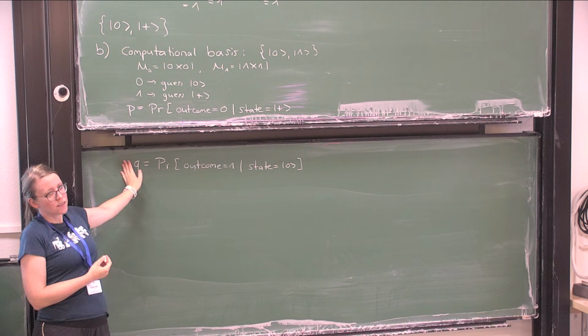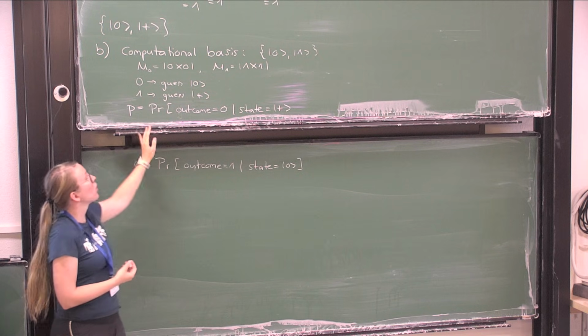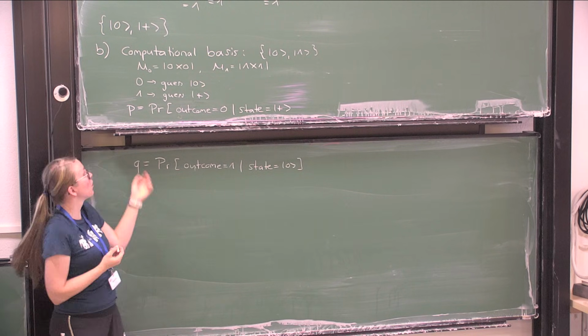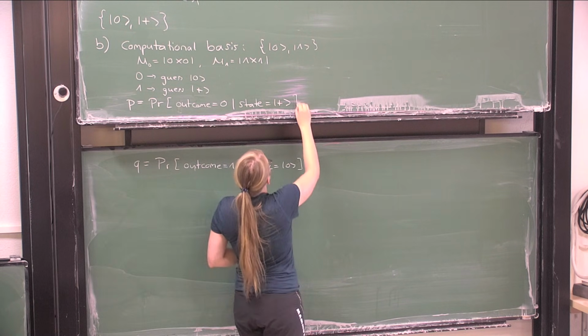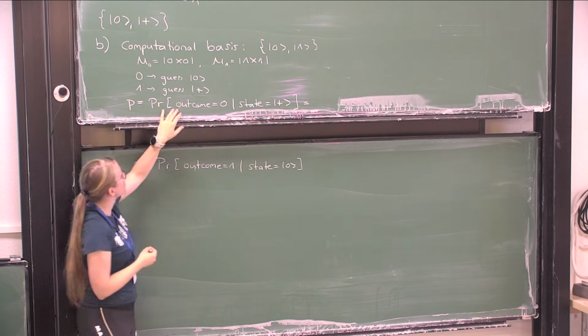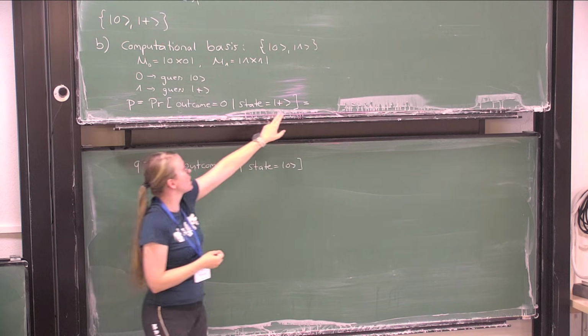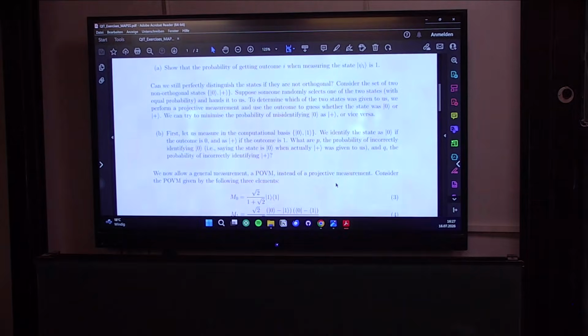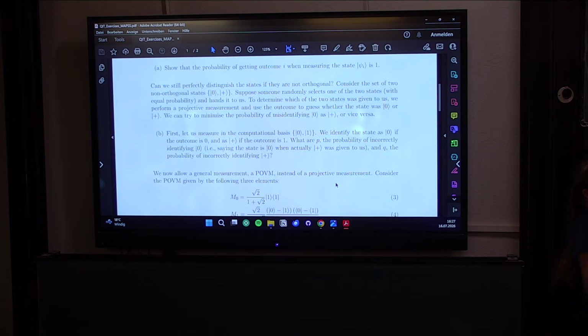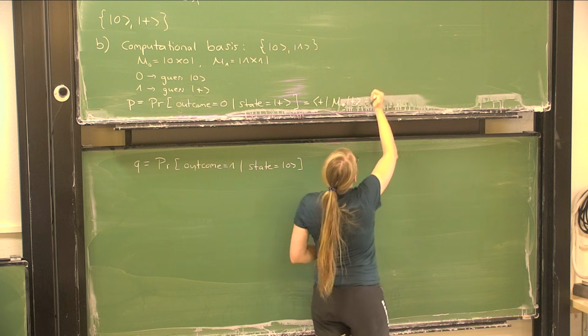How do I calculate these? Well, again with our rule for calculating probabilities for measurement outcomes, the Born rule. The probability of getting outcome 0 when the state was plus means the state is plus, and then we need to put in the measurement operator for the corresponding outcome, that was the M0.